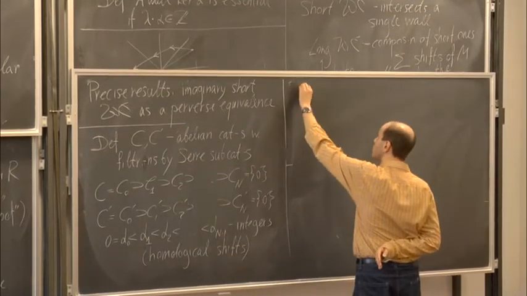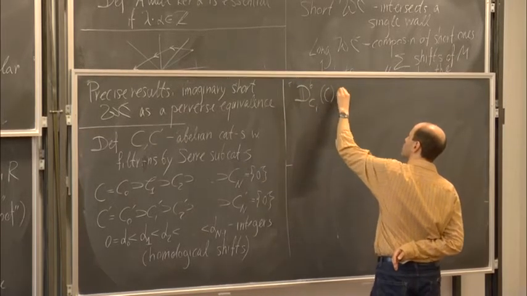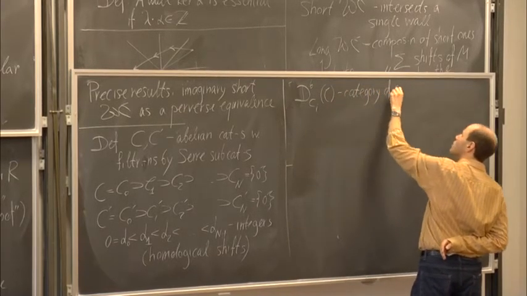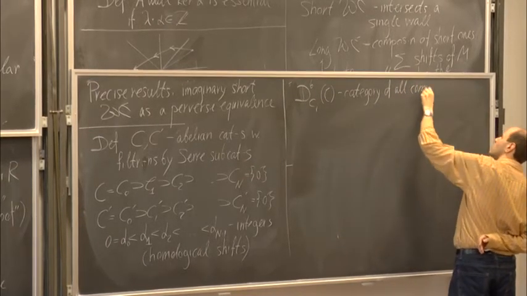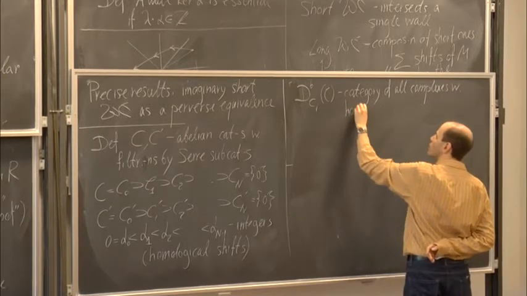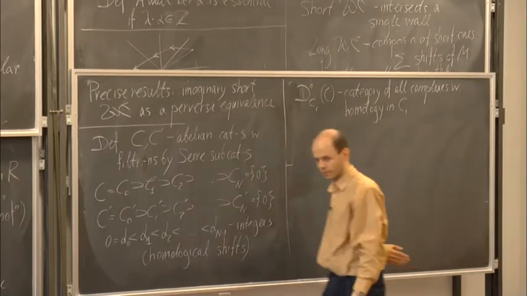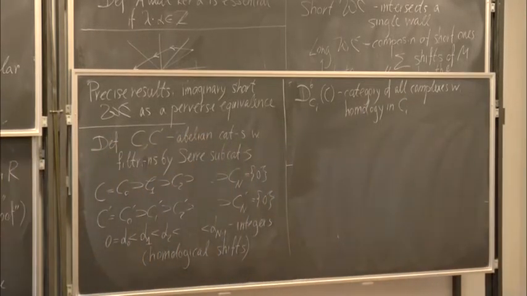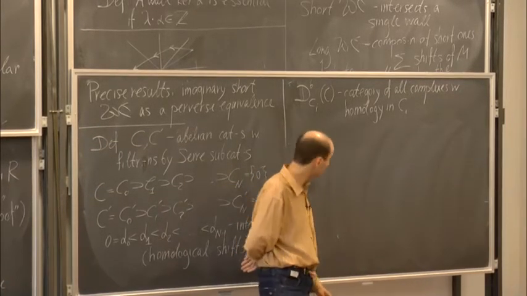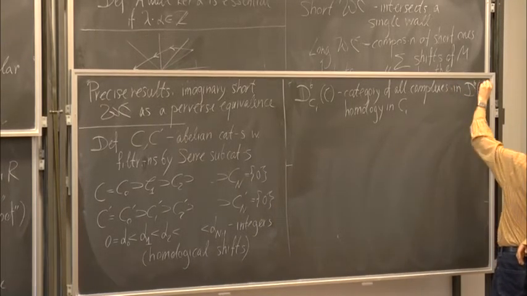And one more piece of notation: I write D^b_{C_i}(C) for the category of all complexes in D^b(C) whose homology are in C_i.